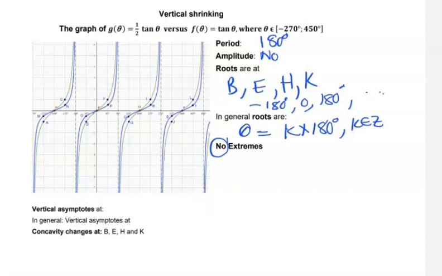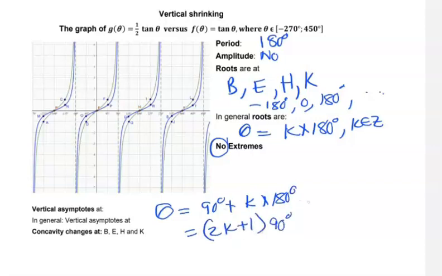When we look at the vertical asymptotes, again we can write down a formula for that, and we had it before. We say theta equal to 90 degrees plus k times 180 degrees. And we rewrite that as (2k plus 1) times 90 degrees.